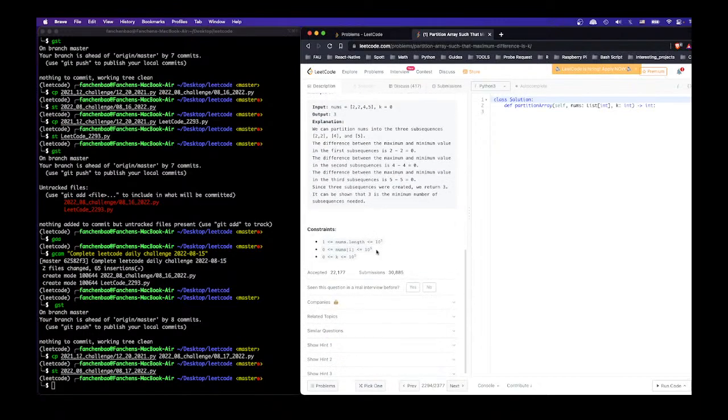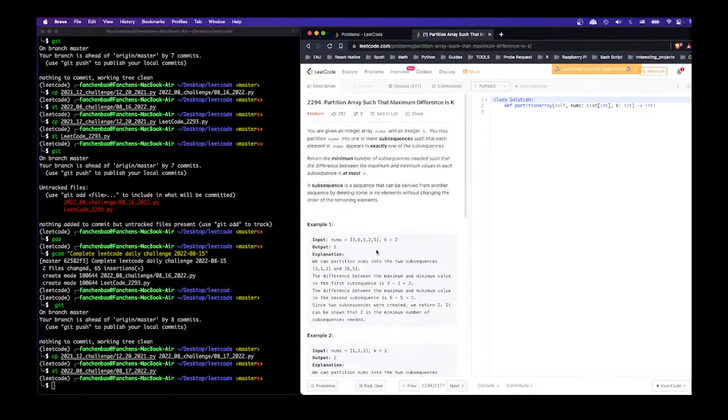All of them are unique, probably. Oh, I didn't say they're unique. I just said each one appears in exactly one. And we want the subsequence. What if I divide it into just one? How does that work?